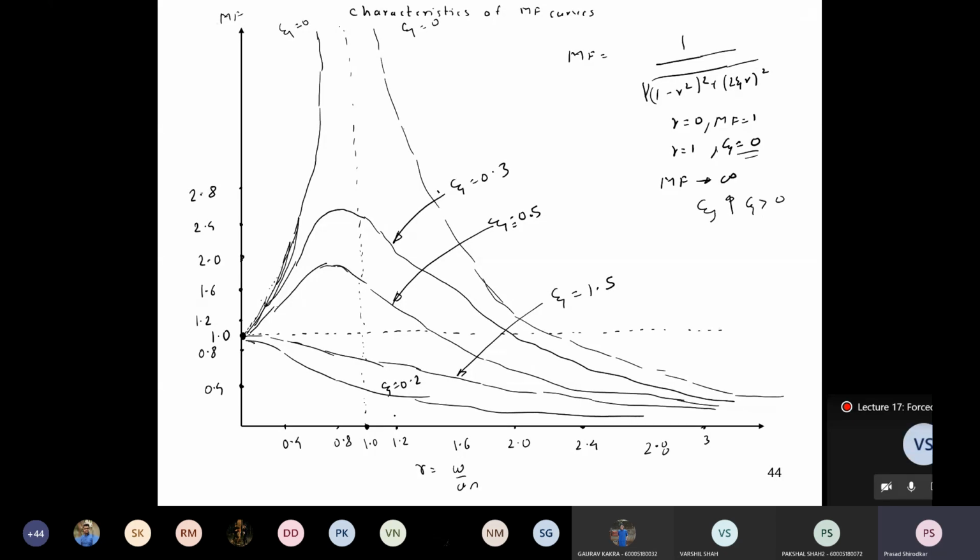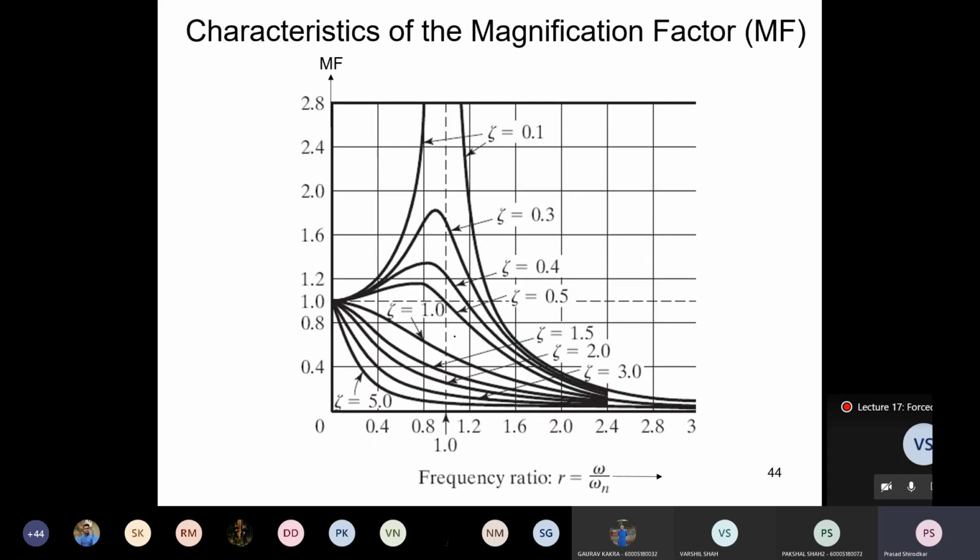Now we will see what are the critical features of this graph. Okay. So after you construct the graph, this is how it appears. Okay. Now we will see what are these key features of this graph, and what is the specific behavior of this graph.